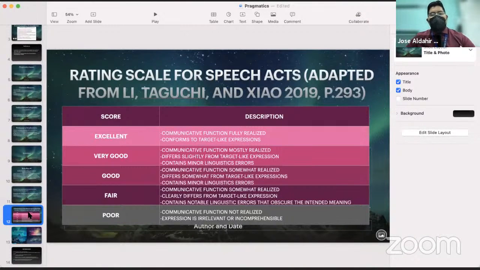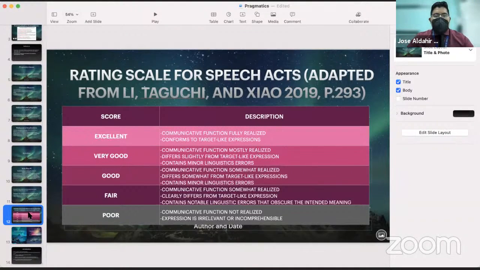In order to evaluate the speech act, according to those authors, they came up with a short description that includes metacognitive awareness and also realizing if the communicative function was realized or if there were linguistic errors, right?